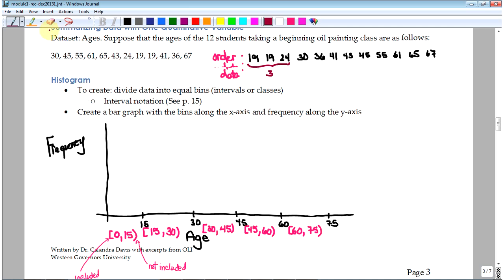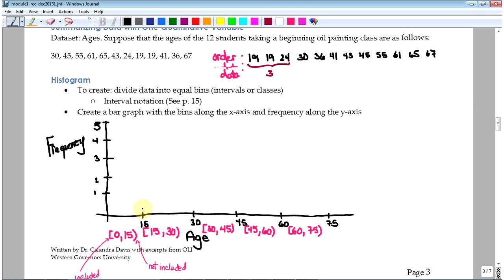Okay, so let me mark off, and make sure that you use the same evenly spaced tick marks on your axes. So I'm going to go in increments of 1 up to 5. All right, so we have 3.